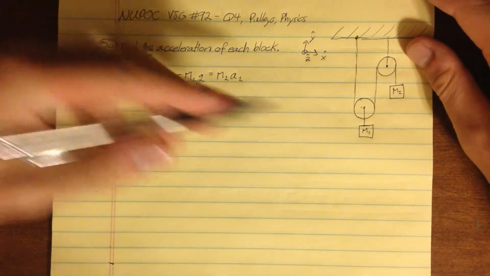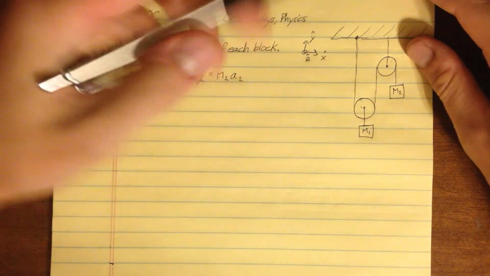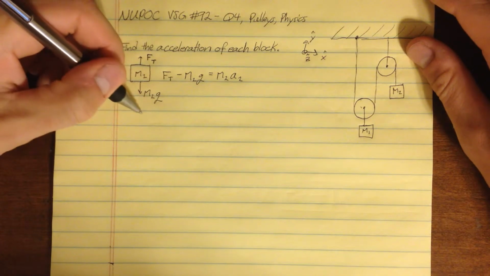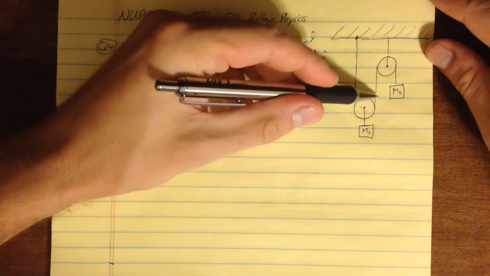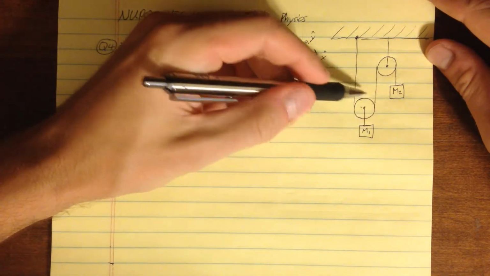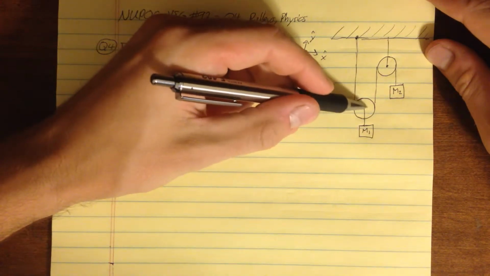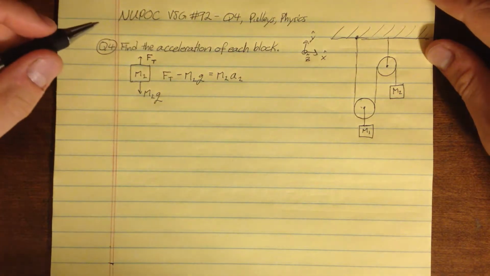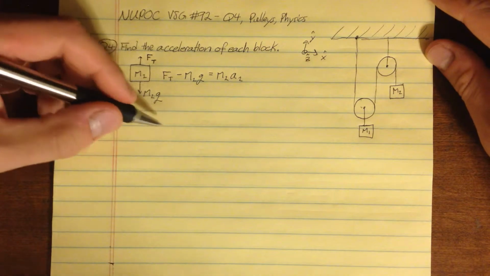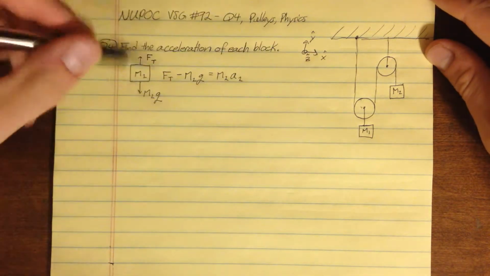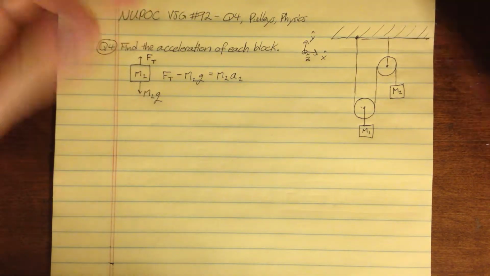Now let's do the same thing for M1. I'm going to do it for this whole system, this whole M1 with the pulley and the connection between them. Otherwise we just have to analyze them separately, so let's consolidate those steps.